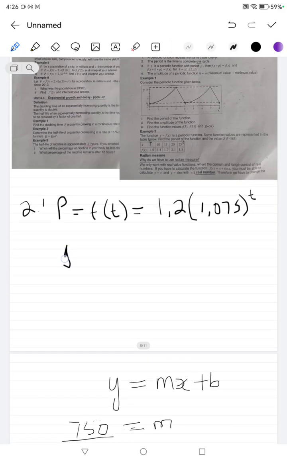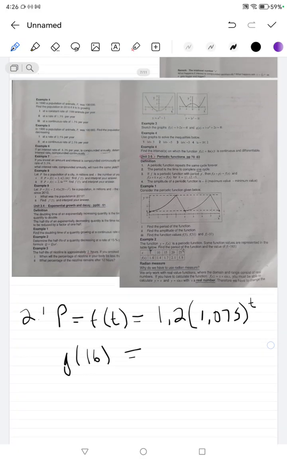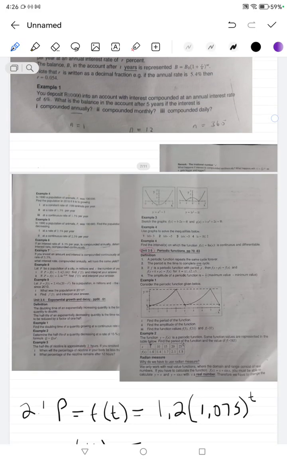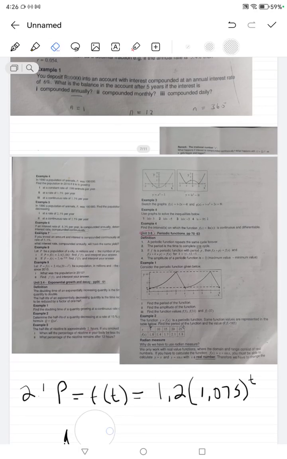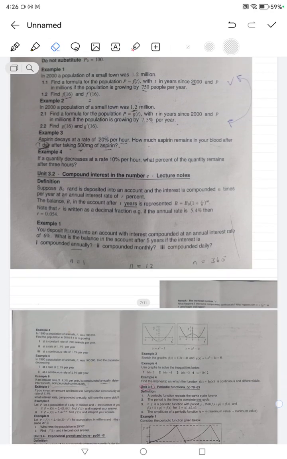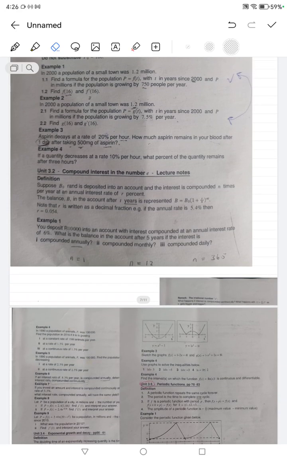Then you will find your g of 16. Then the other one you do your derivative. So as long as I've written the first one, the other ones you'll just finish on your own. Then let's move to example 3.